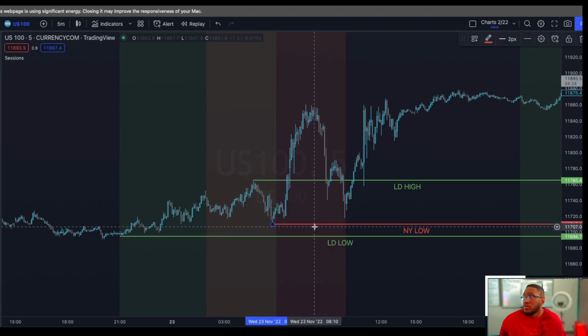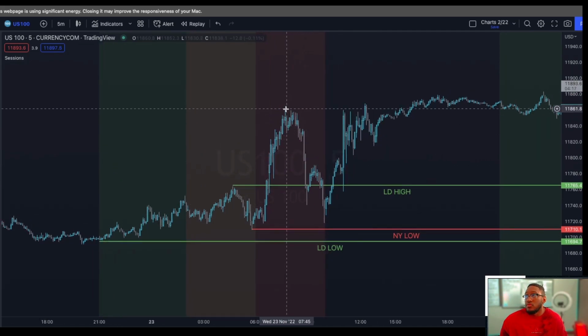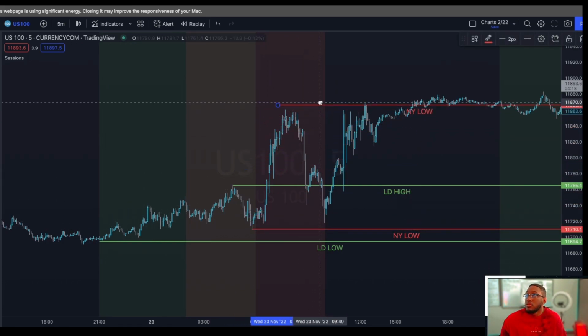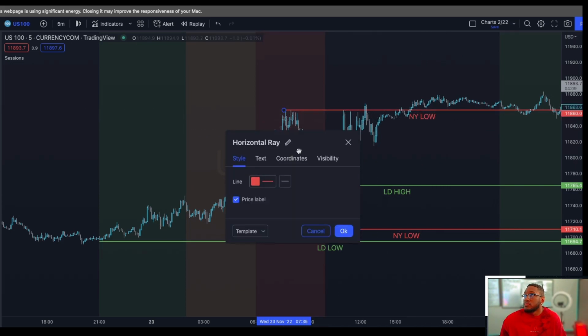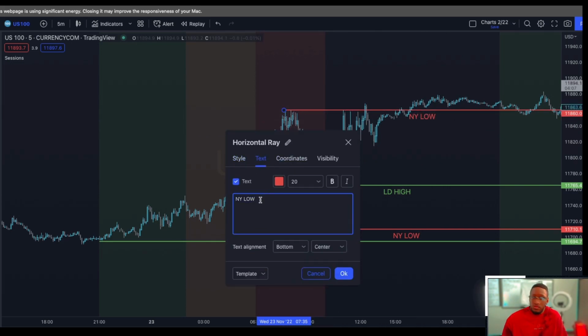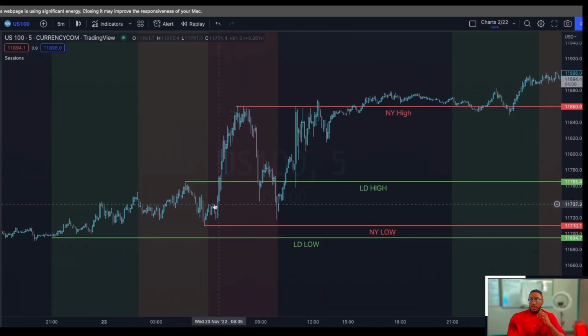Now, obviously it already played out, so we're just going to label this right here. We press Control, and this is currently New York's high. So I marked up the previous high and low of each session.